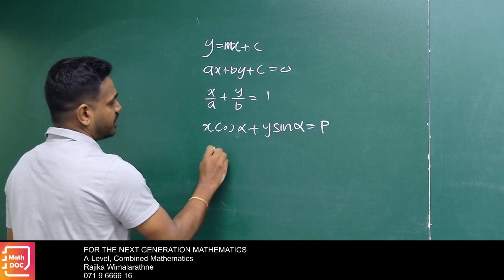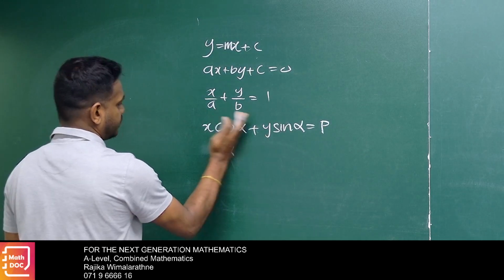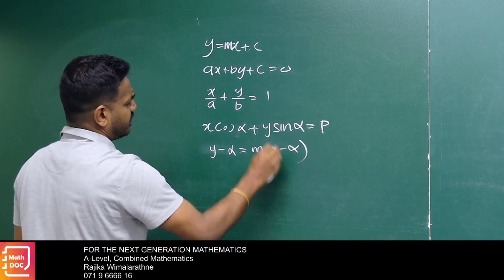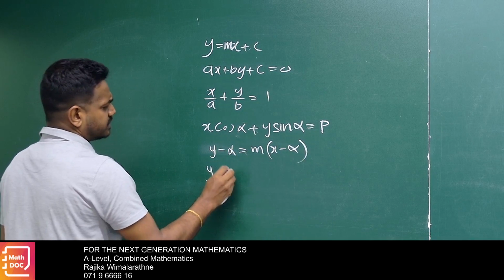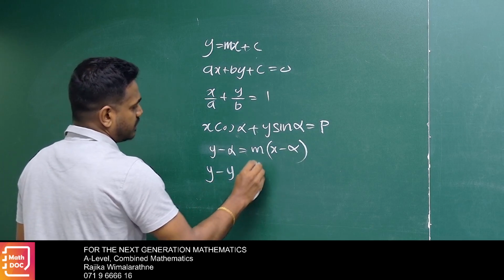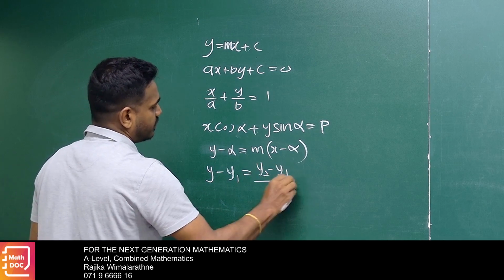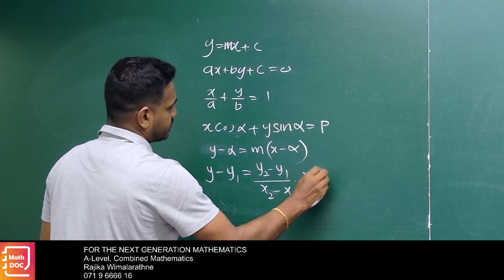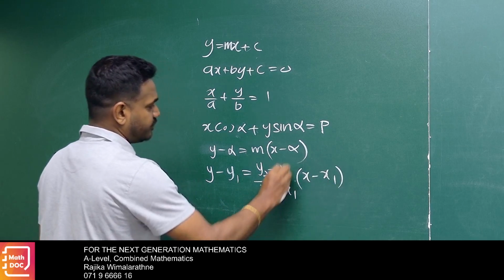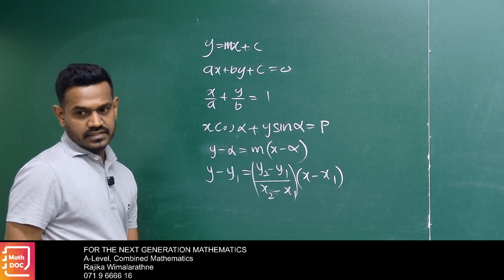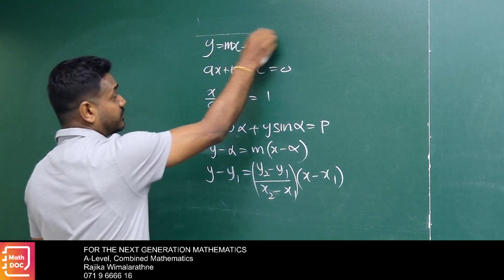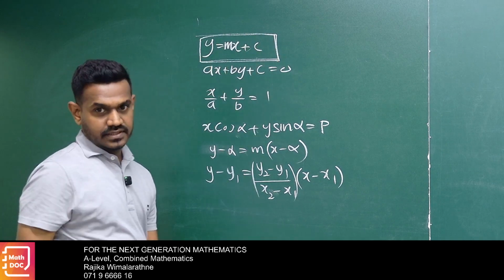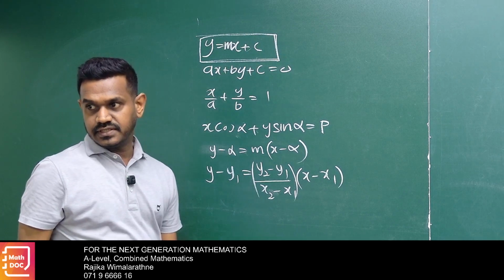Then y minus y1 equal y2 minus y1 over x2 minus x1, times x minus x1. Here these are different forms of straight lines. So under O levels we discuss only about y equal mx plus c. But there are many other forms.